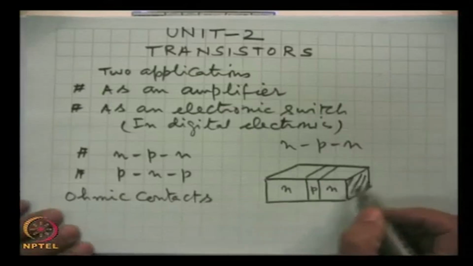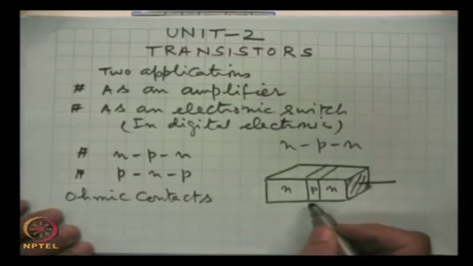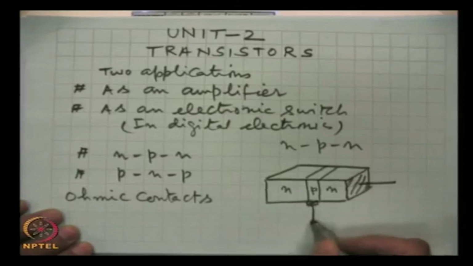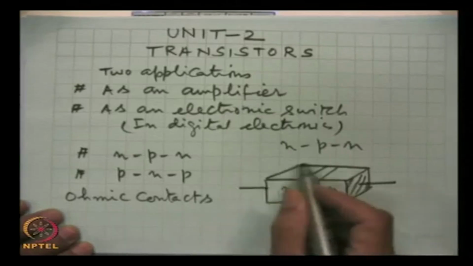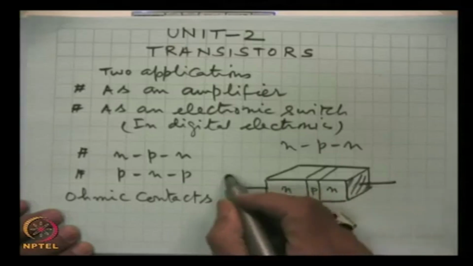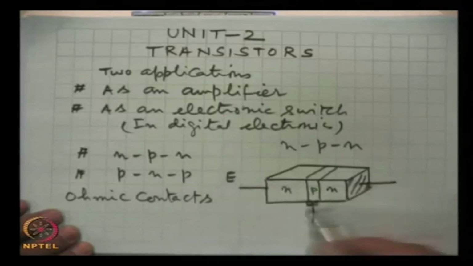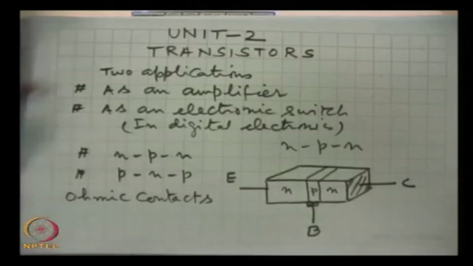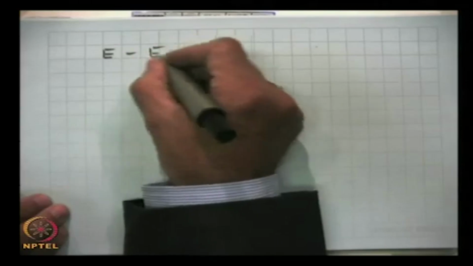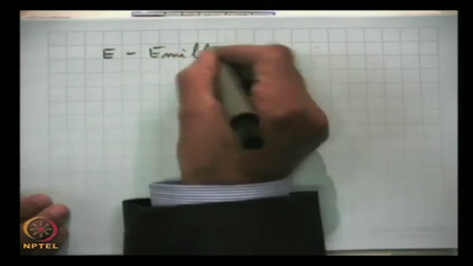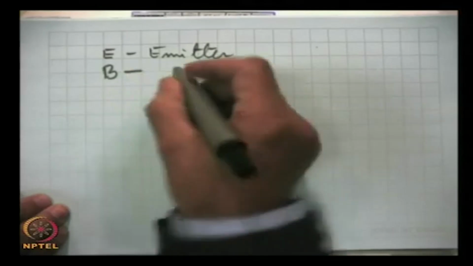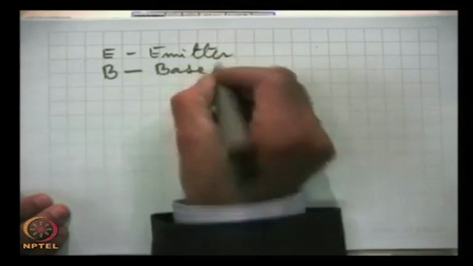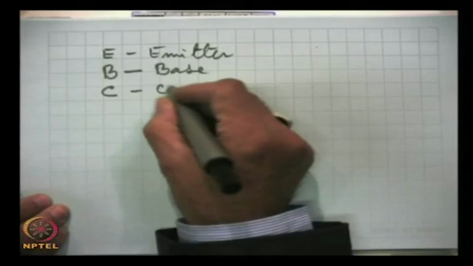So, these are ohmic contacts, one here, and the other here on this surface. This is called emitter, this is collector, this is base. So, remember E stands for emitter, B for base, and C for collector.